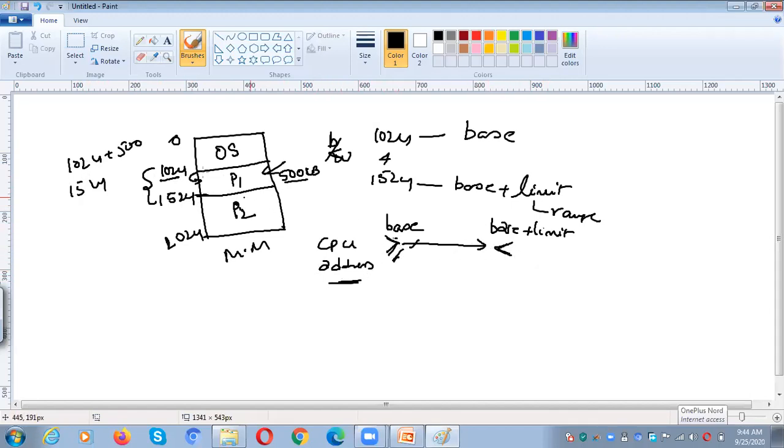Otherwise, if it is not greater than base, the instruction is in the operating system, which means you are trying to access information available in the operating system. If it is greater than 1524, you are trying to access instructions which are available in process 2.